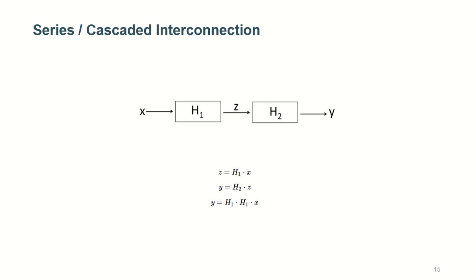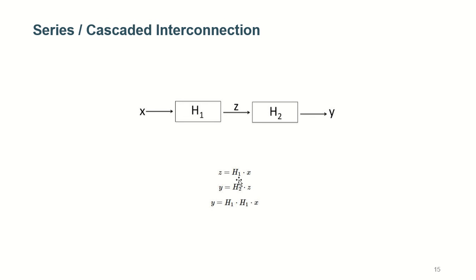Two systems are here, h1 and h2, and signal x goes into system h1 as an input, and h1 produces z as an output, and that z is fed to system h2 as an input, and h2 gives y as output, right? So if you want to represent this system mathematically, you can represent what z is for h1; z is the output for h1, right?